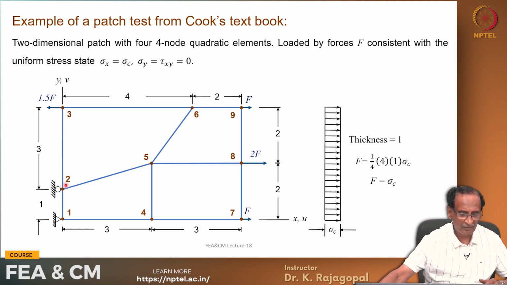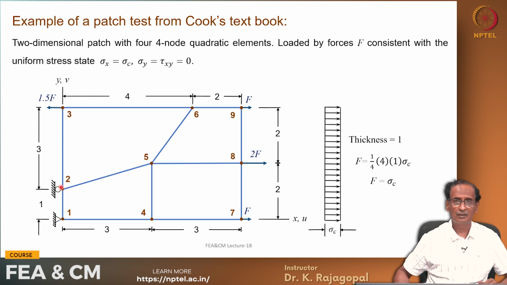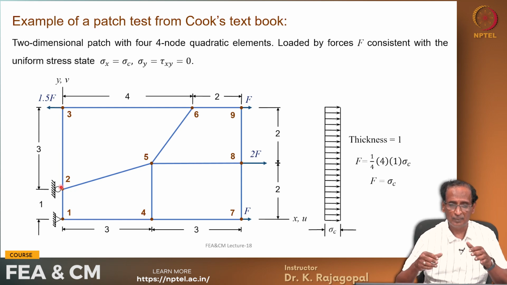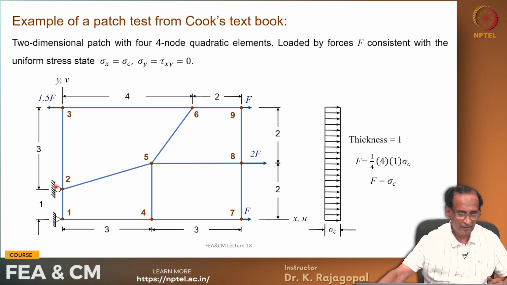And here, see, the boundary conditions also should enable the mesh to pass the patch test. So, here by placing this node on a roller, we are allowing for Poisson's ratio induced deformations.